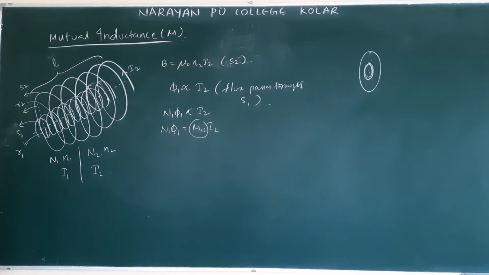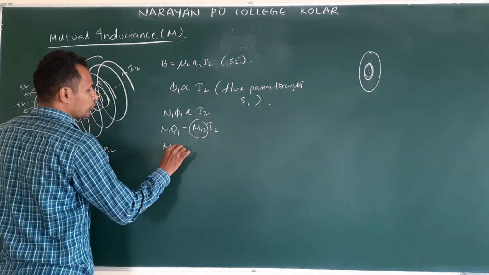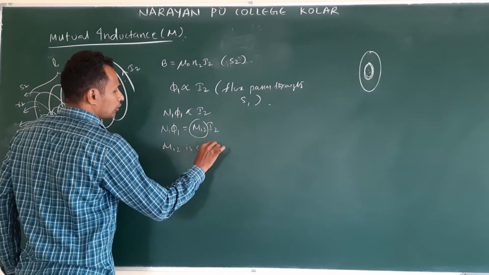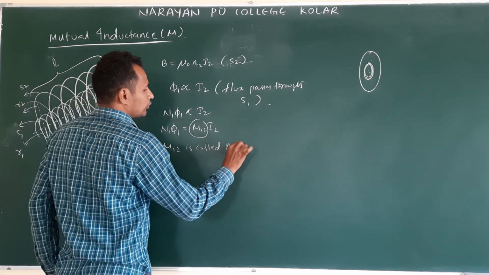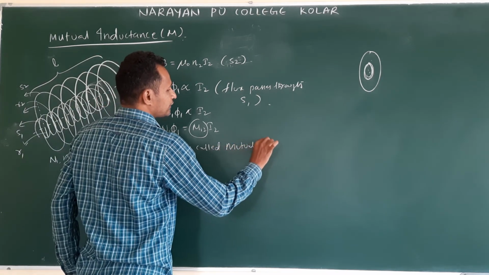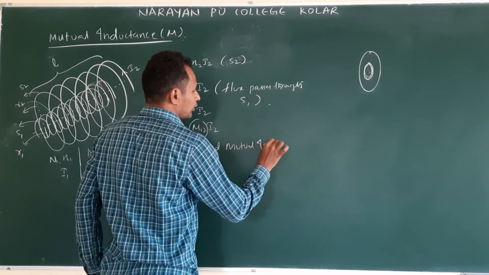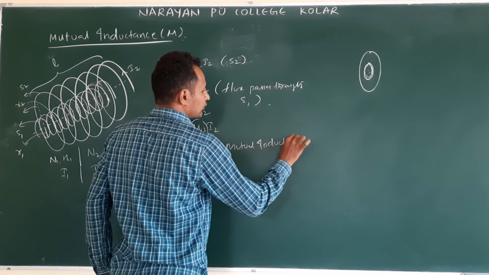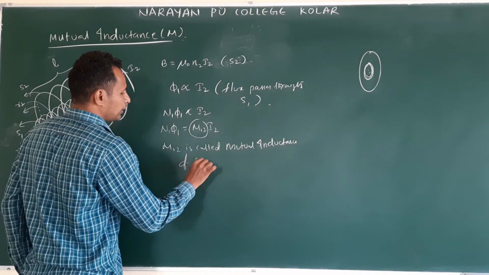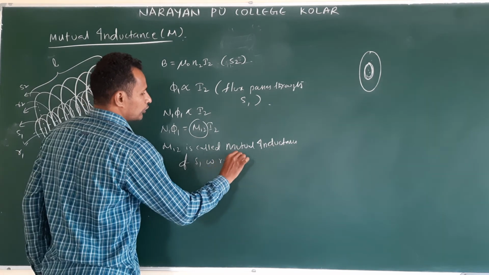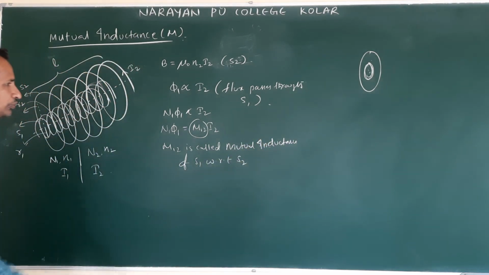So M12 is called the mutual inductance of S1 with respect to S2.